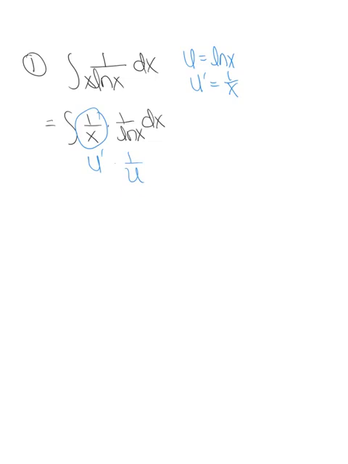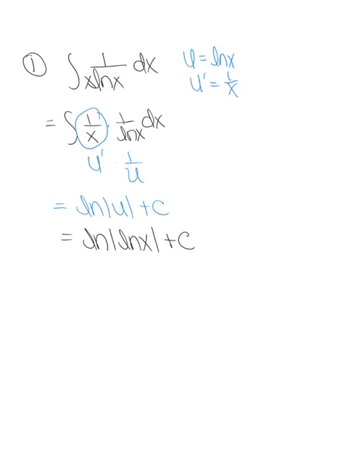Putting that together, I get u prime over u, and by definition, when I integrate that, I'm going to get the natural log of the absolute value of u plus c. So putting back in my u, this is going to give me the natural log of the absolute value of the natural log of x, all plus c. So here again, we can see that what we have going on here is a u substitution.